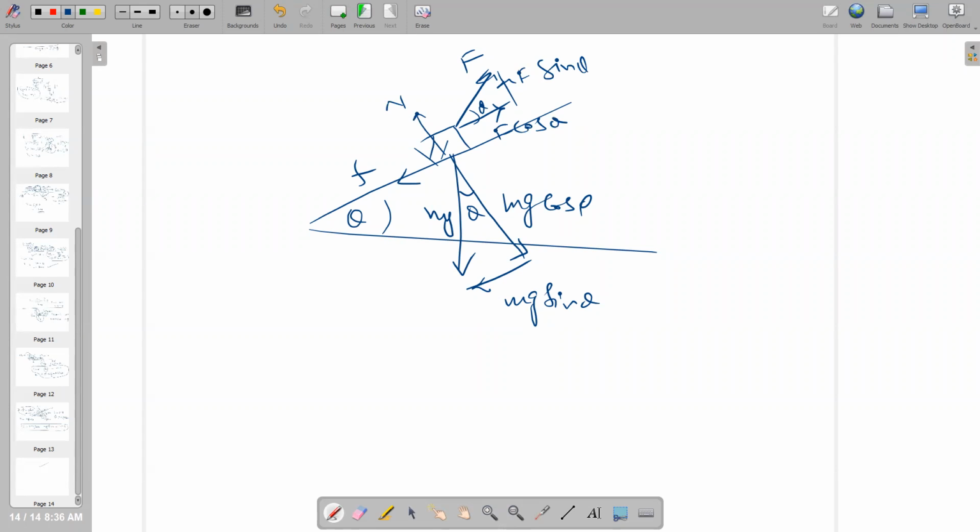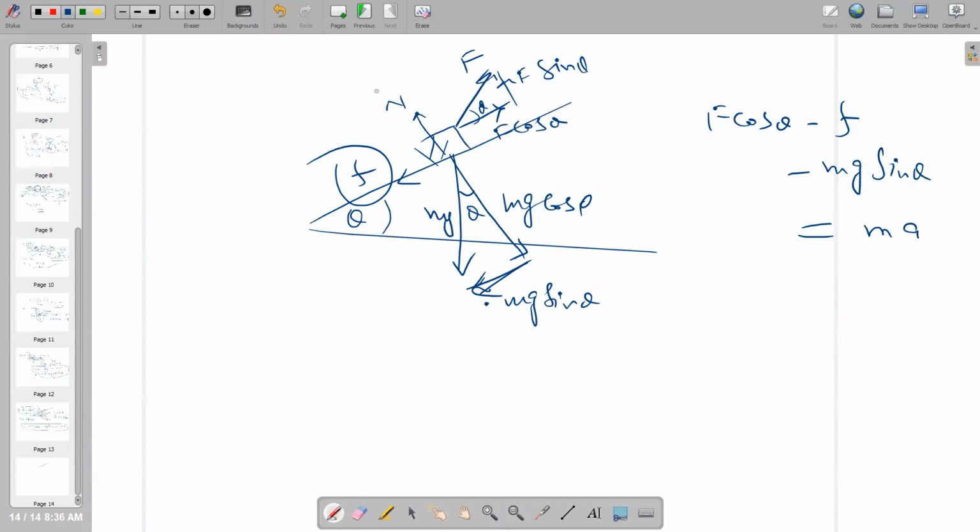Now all the forces are labeled. Now you want to write the equations. So what will be the equations? If I want to write the equation along the plane, then it will be F cos theta minus F, this F, is equal to minus, and this is also in this direction, minus mg sin theta is equal to net force ma.